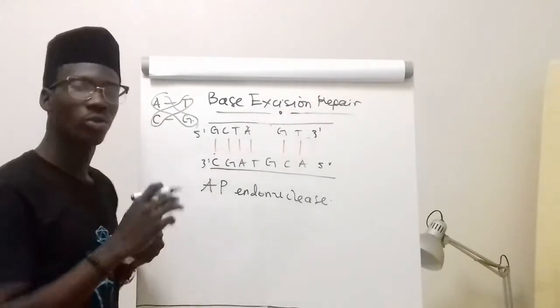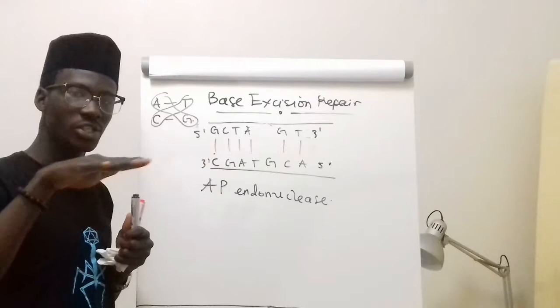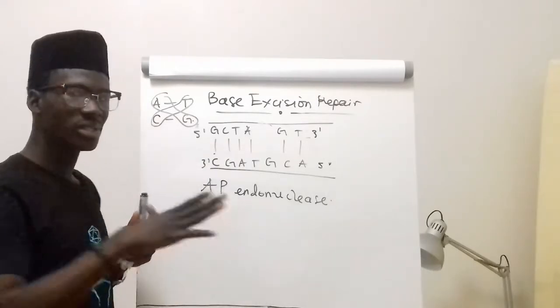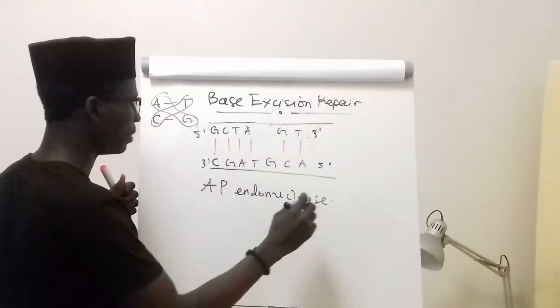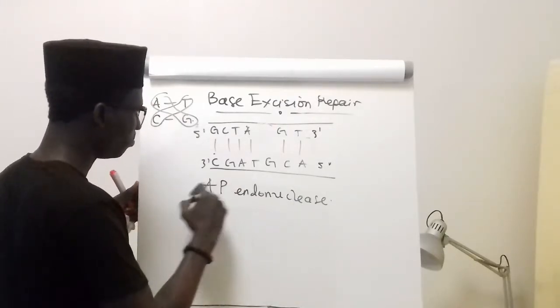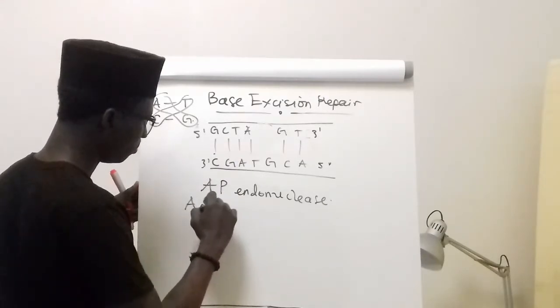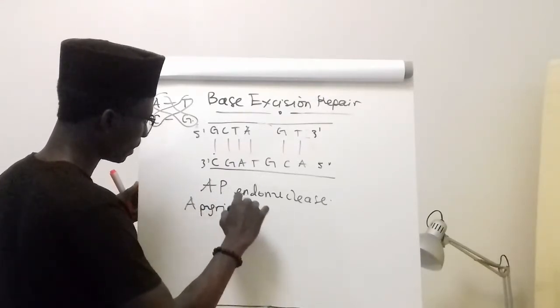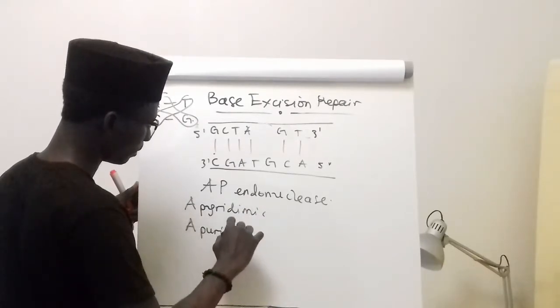One thing you know about endonucleases is that they cut within the nucleotide chain, but exonucleases cut at the ends, not within. This one is an AP endonuclease, AP meaning apyrimidinic and apurinic.